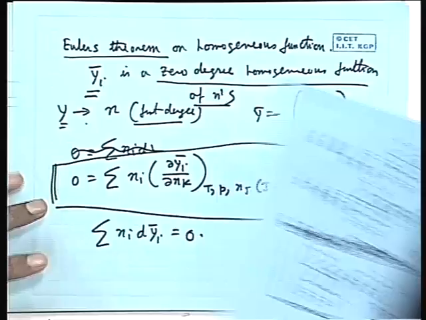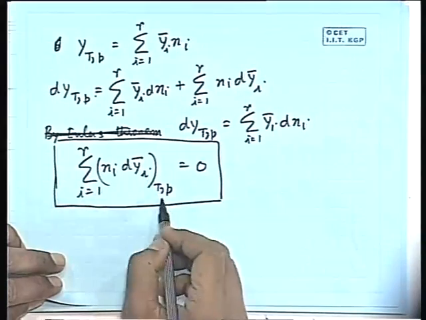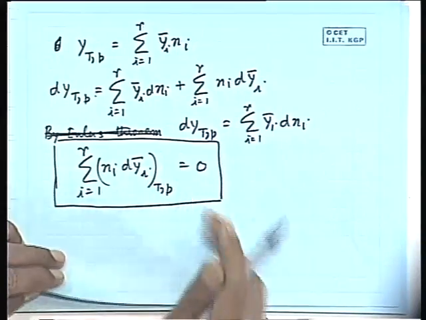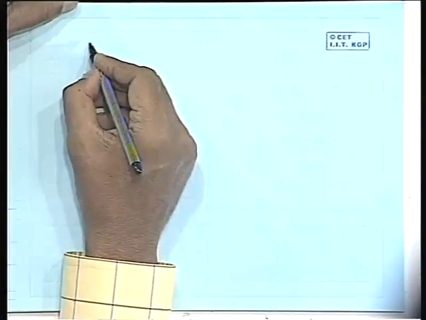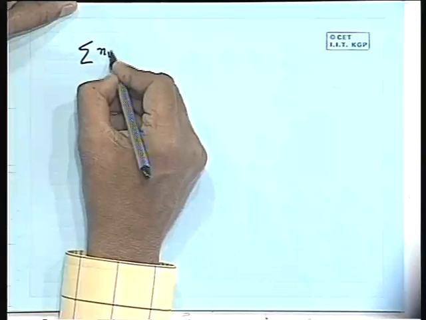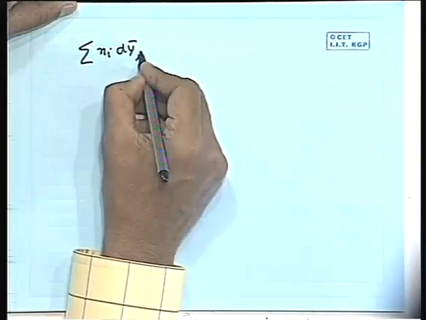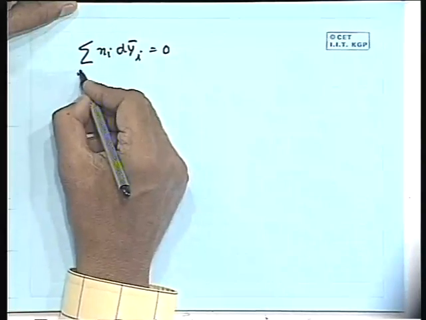Just now we have derived Σ n_i dȳ_i = 0 at constant T and P. So now we write these two equations again. That one is Σ n_i dȳ_i; a little bit of mathematics is there, so you will have to bear with it.